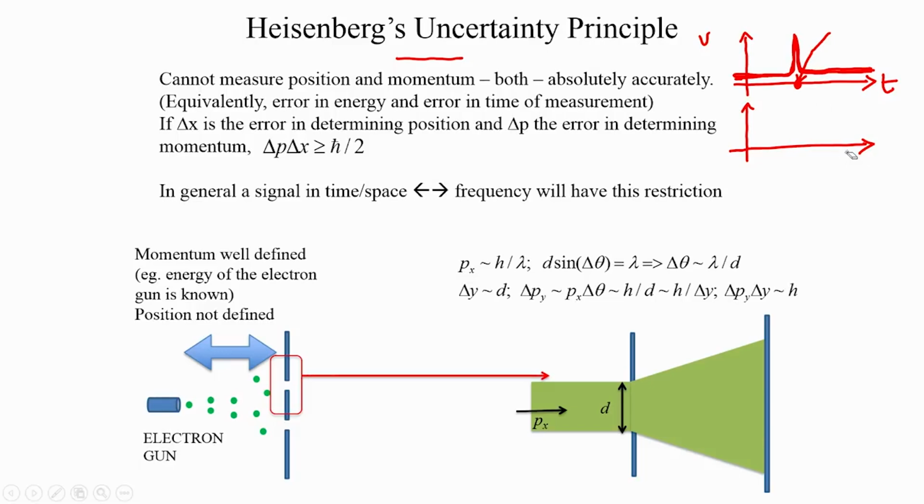Now, let us take the example of another signal, a very nice little sinusoid, and that is time. Now, if somebody asked us the same two questions, as to when did the signal occur, we find that this is a very weird question, because it is a sinusoidal signal and there is no particular moment when the signal occurred.